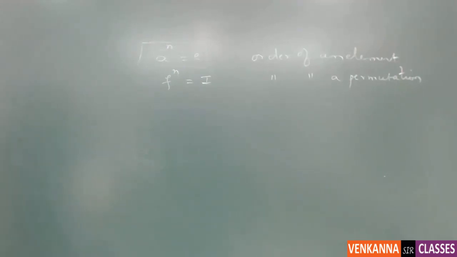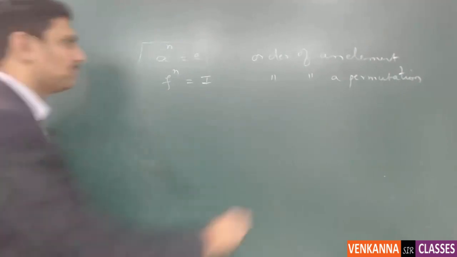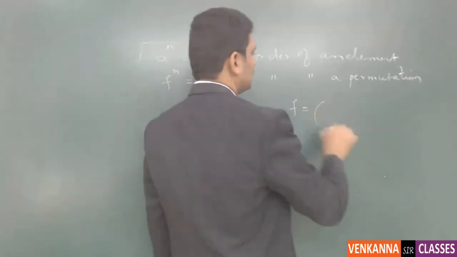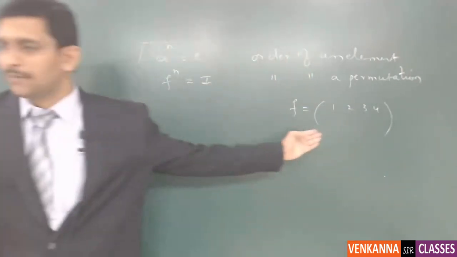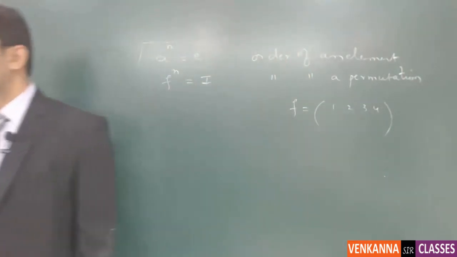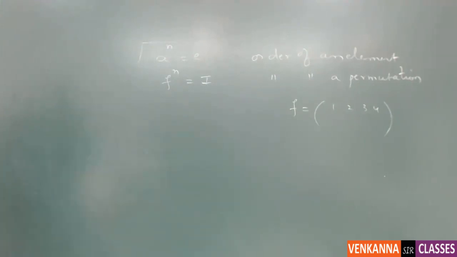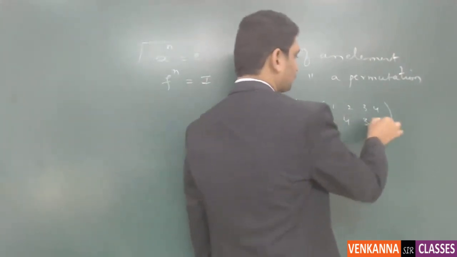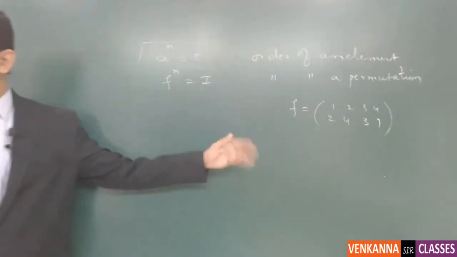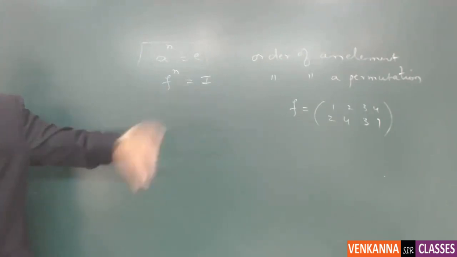For a small understanding, let us take an example that f is equal to 1, 2, 3, 4. Now you give me some input for it. 2, 4, 3, 1, right? Now let us write the powers. I will take the other one also.